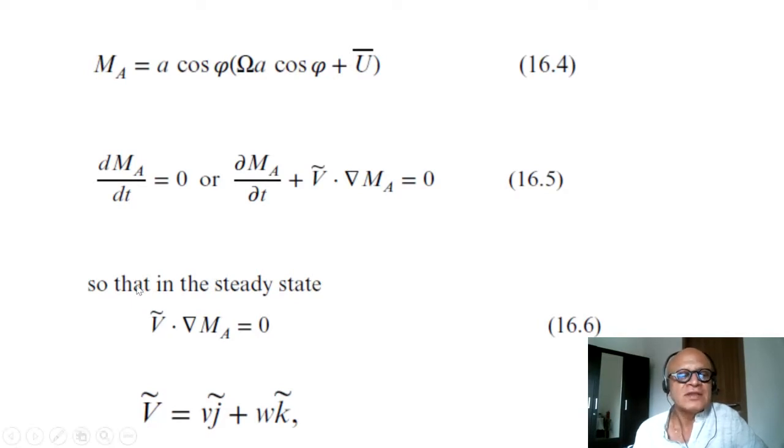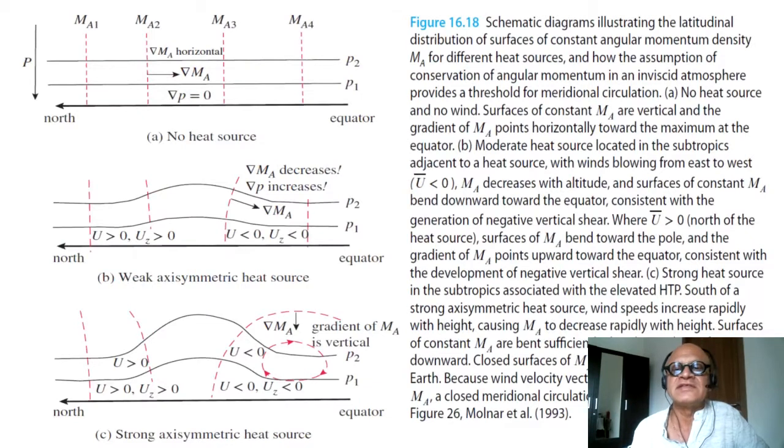Before going to that, we just set this to be 0 for steady state, and write v tilde, the vector, as vj plus wk, where we have meridional vertical plane circulation because we have assumed zonal symmetry and latitudinal gradients are 0, so only the basic state exists.